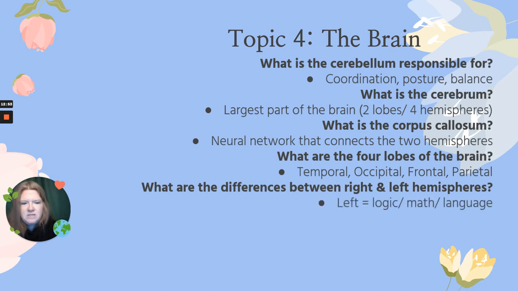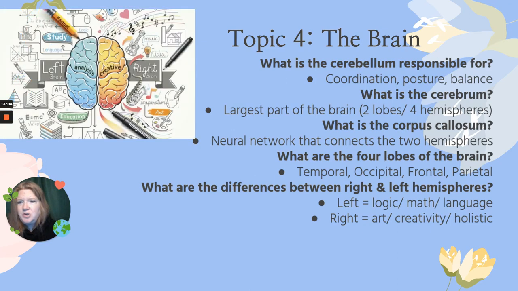And what are the differences between the left and right hemispheres? Well, the left is like logic, math, language. The right is art, creativity, more of a holistic approach. Okay, so I like this image as the left tends to be analytic, lists, organized, and the right is more holistic, art, imagination, music, those kind of things.